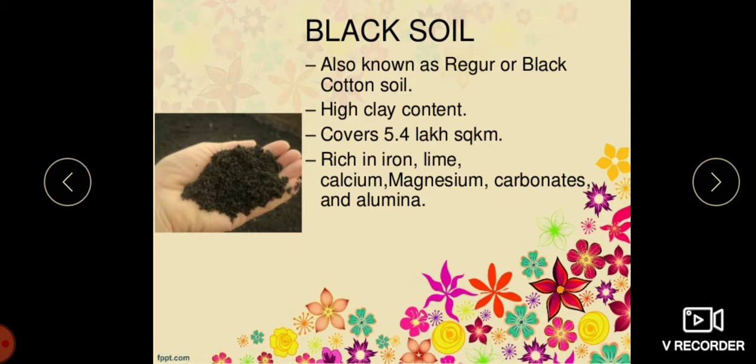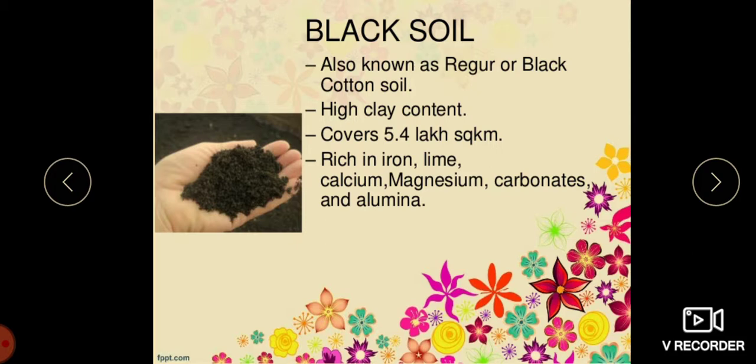So, where do we find this black soil, children? It occupies about 5.46 lakh square kilometers in India. The black soil is majorly found in Gujarat, Maharashtra, western parts of Madhya Pradesh, northwestern Andhra Pradesh, Karnataka, Tamil Nadu, Rajasthan, Chhattisgarh, Jharkhand up to the Rajmahal Hills.